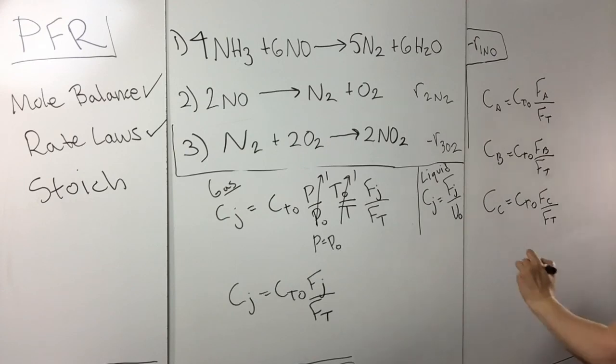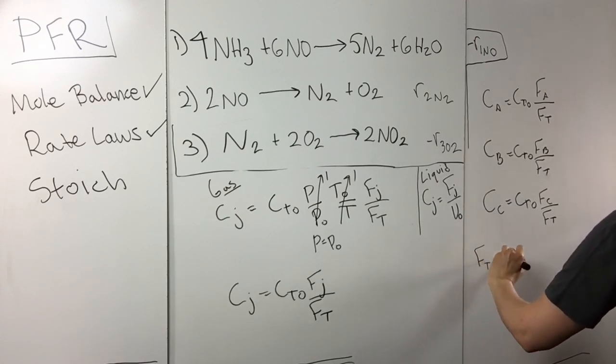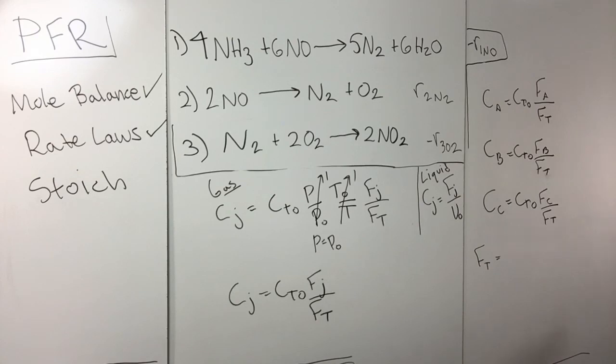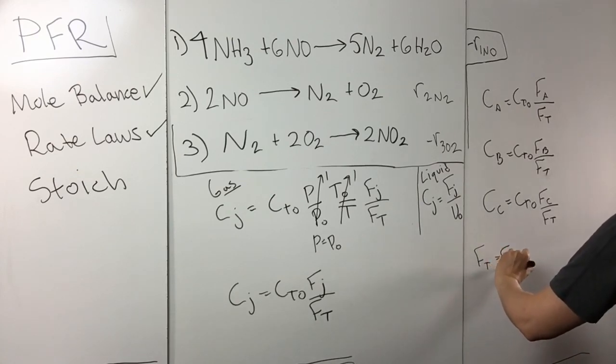And then you need an equation for Ft. So Ft is the sum of all the molar flow rates. So that would be FNO.